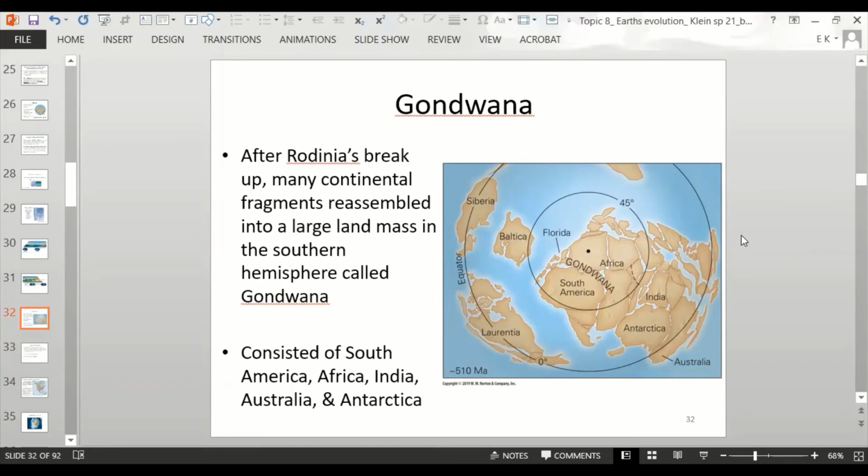Okay, so that's Gondwana, consisting of South America, Africa, India, Australia, and Antarctica. And this is where Laurentia was on the equator. Part of Laurentia is present-day North America.